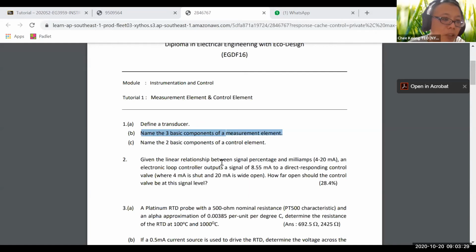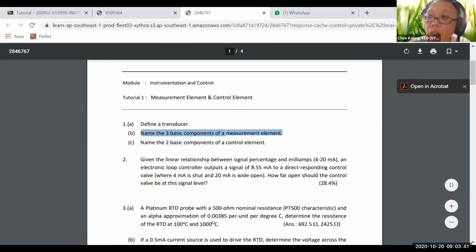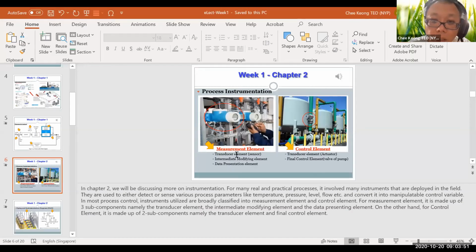Let me go to the page. Can you all see? For the measurement element, there are 3 types: the transducer element, the intermediate modifying element, and the data presenting element.